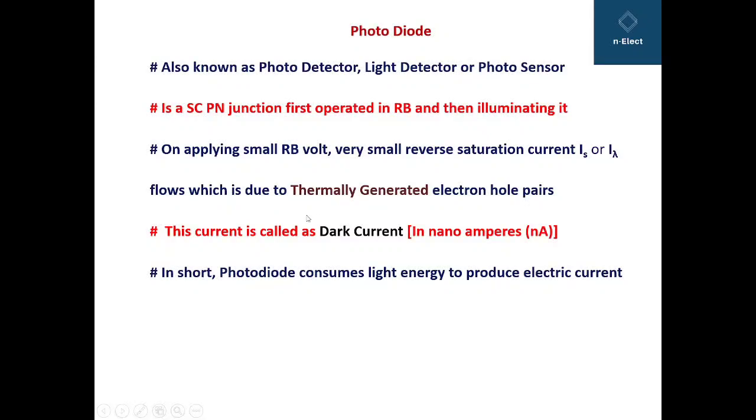As this current is very small and at this time no light is incident on the photodiode, the current which flows in this case is referred to as dark current, and it is very small, in the range of nanoamperes. In short, photodiode consumes light energy to produce the electric current.